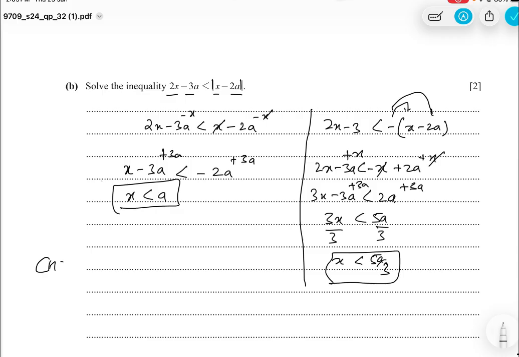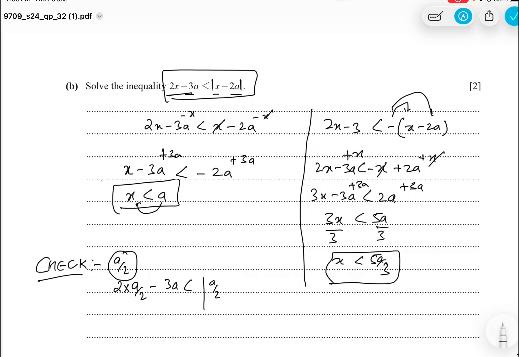Now, check. This is the most important step which you always miss. So take a value lesser than a and put it inside there. Okay, this is the simplest method which I am teaching you. So we'll put a by 2, which is less than a. Okay, so it would be 2 times a by 2. I'm replacing x with a by 2. Okay, minus 3a is less than a by 2 minus 2a.